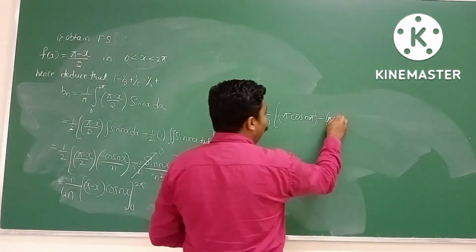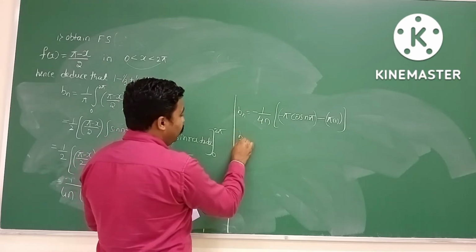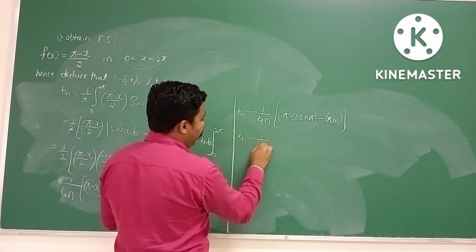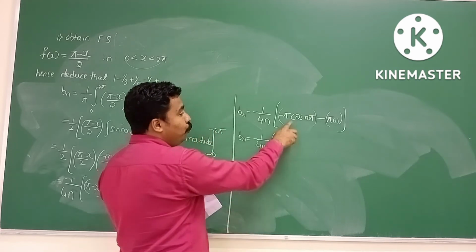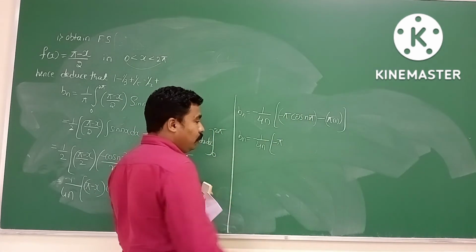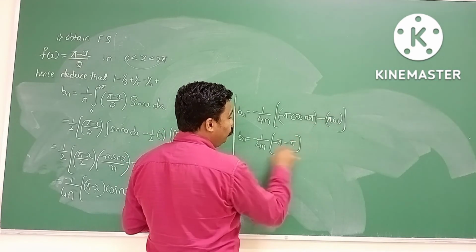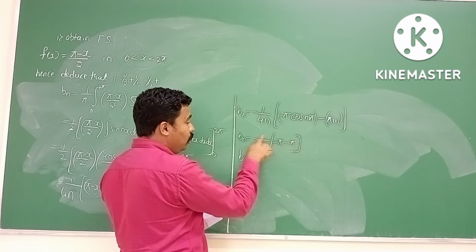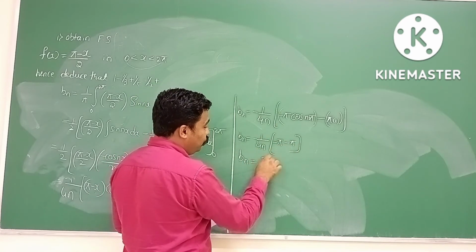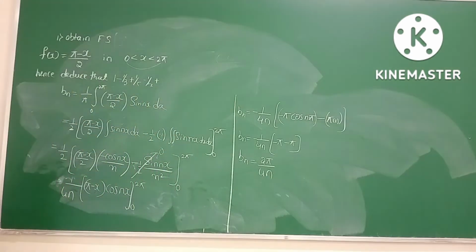Cos 0 is 1. So now if I simplify this, bn equal to minus 1 by 4n minus pi cos 2n pi. Cos 2n pi is 1, again this is minus pi. So bn equal to minus 2 pi, minus into minus plus 2 pi divided by 4n.